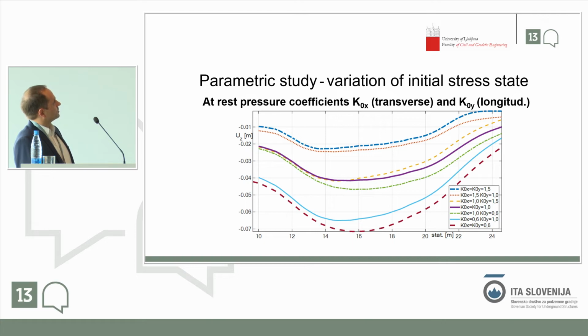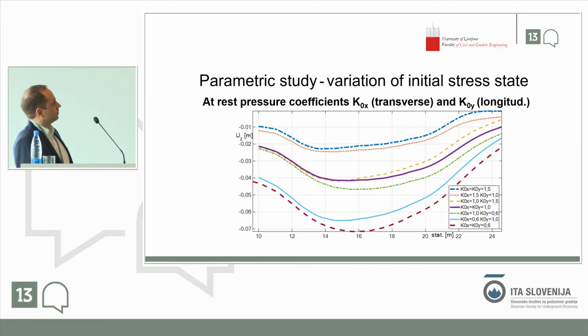Now, the third comparison is the variation of the initial stress state. Here, we compared the transverse and the longitudinal initial state with the variation of coefficient of earth pressure at rest, K naught X and K naught Y. And here in this picture, we can see 3 different sets, and those 3 sets have in common this parameter K naught X. So these are vertical displacements, and we can see that the curves that have the same value also have similar vertical displacements.